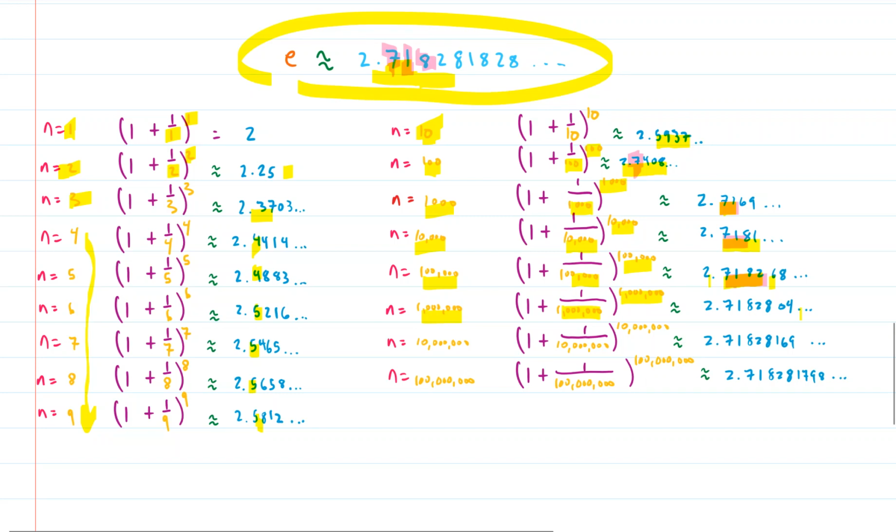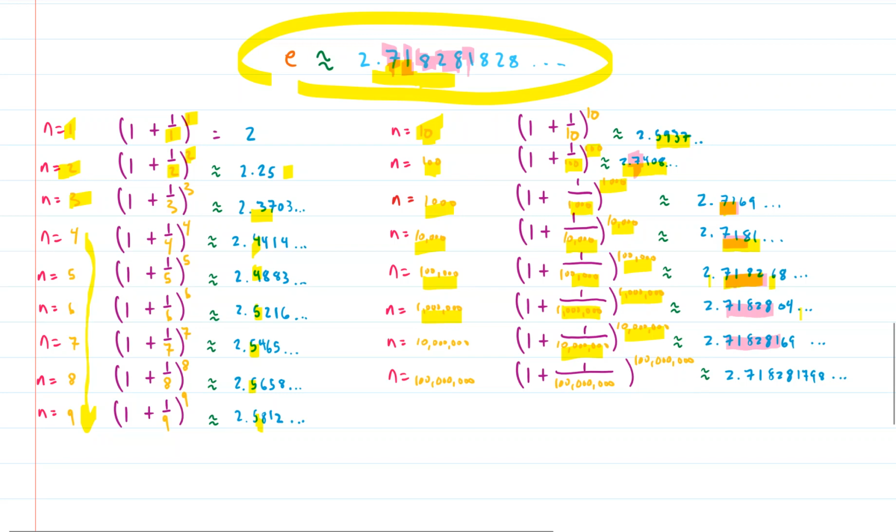Check that out. We've got 5 digits of accuracy. How about 10 million? How close are we at 10 million? 2.718281. We gained another digit. So there we've got 6 digits of accuracy.